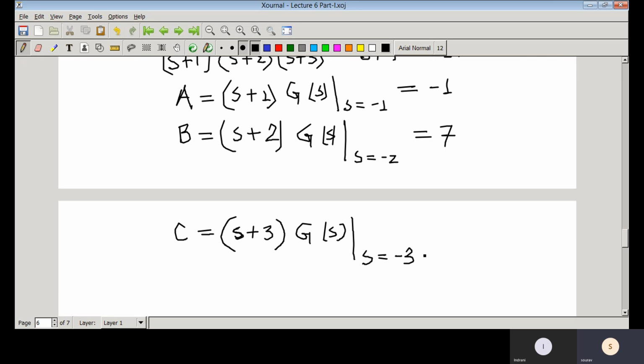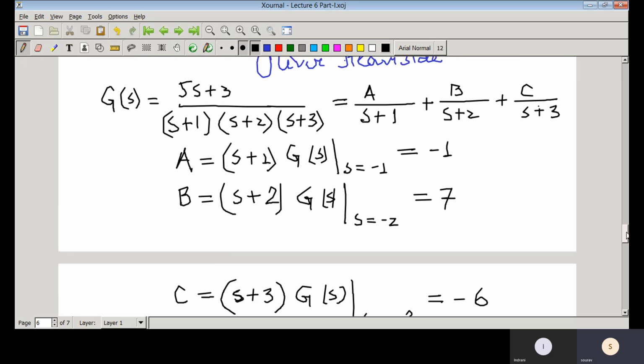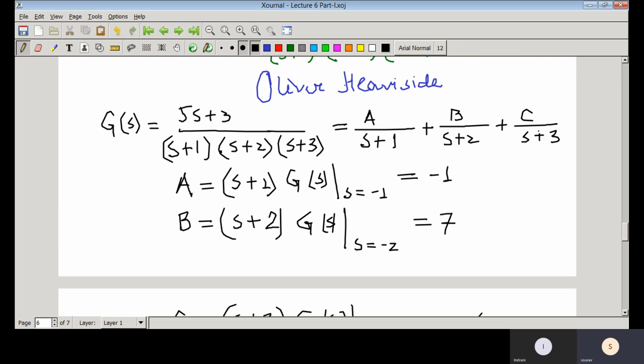Then the value that you will get is equal to minus 6.